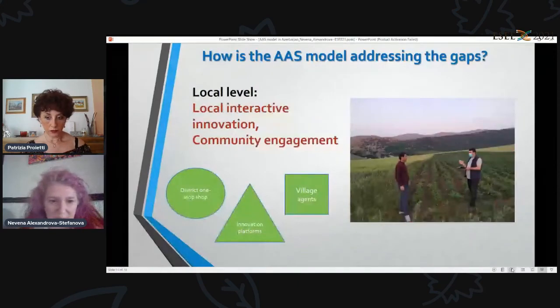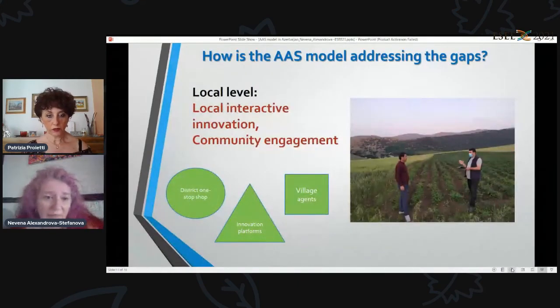And at the local level, we are piloting local interactive innovation through innovation platforms that are quite similar to operational groups.